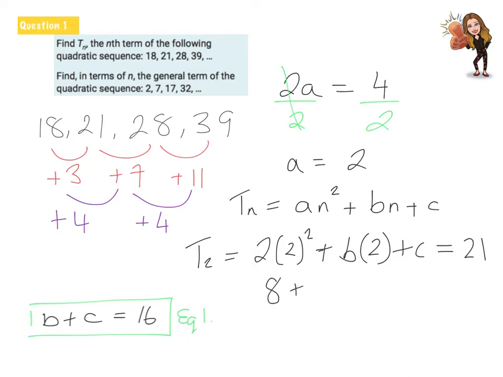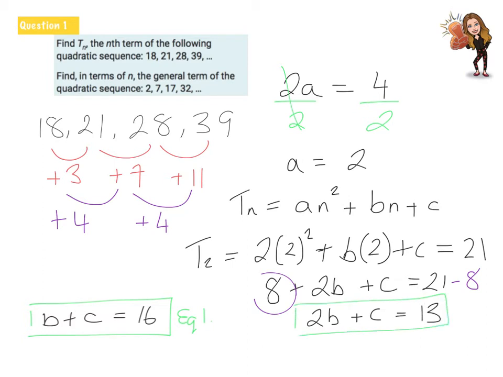And we're adding this to 2b plus c, and it's equal to 21. And exactly like the last one, I have to take away the 8 from the 21. So I'm left with 2b plus c equal to 13. And this is effectively my second equation, or equation 2.